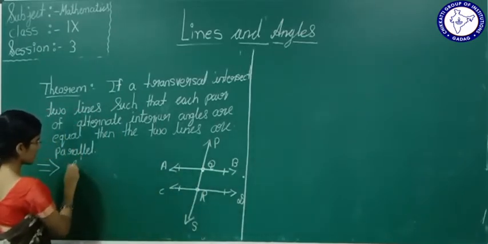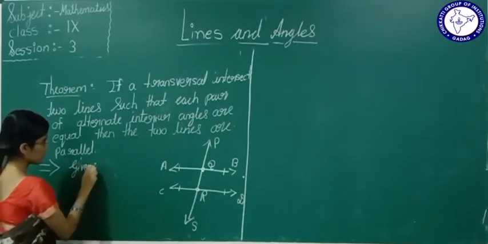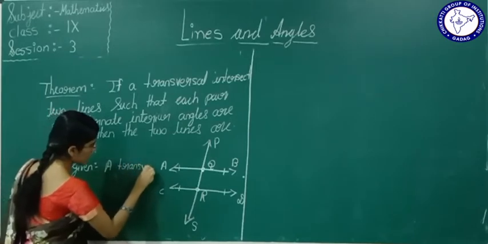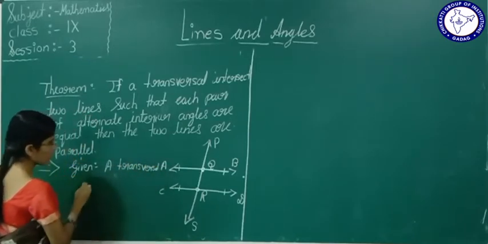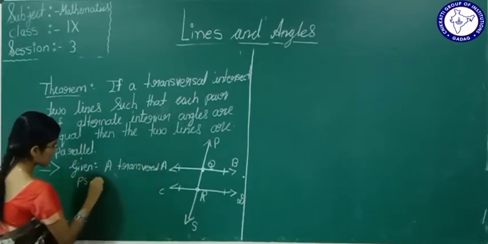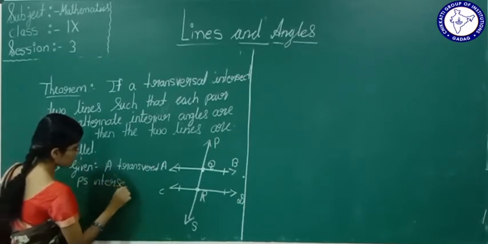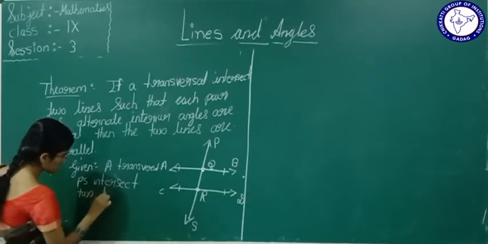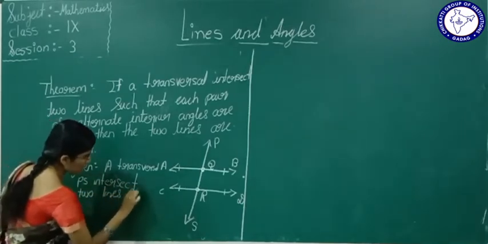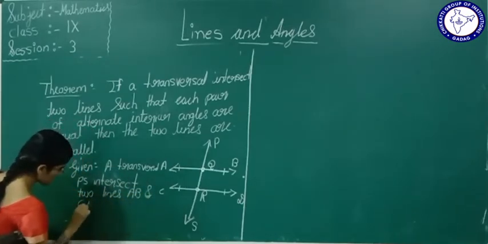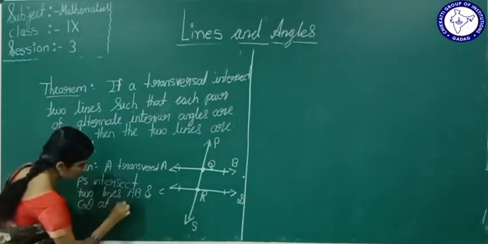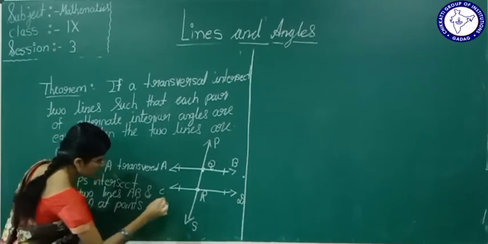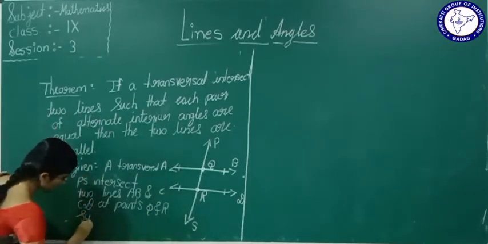The given: a transversal PS intersects two lines AB and CD at points Q and R, such that, what are they given?